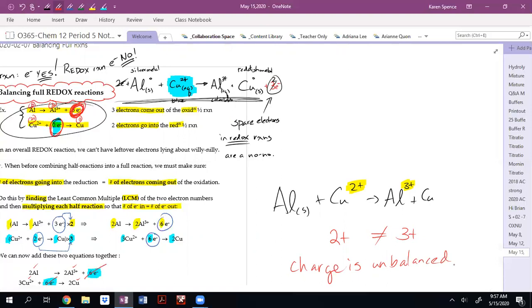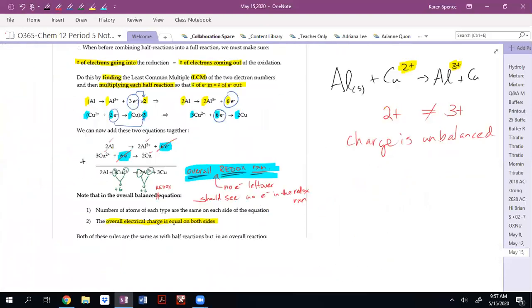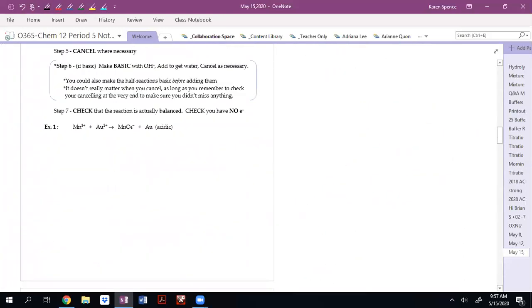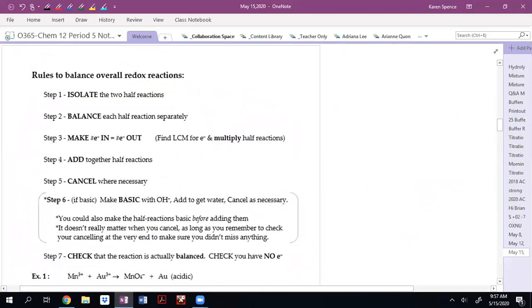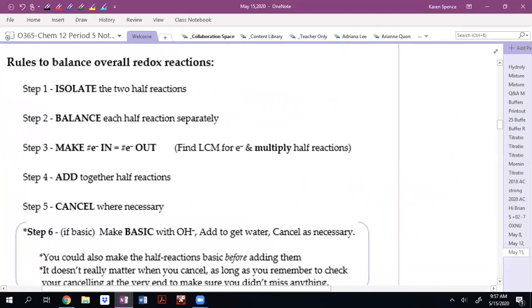So let's go do a wee bit more complicated example of that. Here are the steps, the rules to balance an overall redox reaction. Step number 1, you're going to have to isolate the 2 half reactions. Step number 2, you are going to balance each half reaction separately.